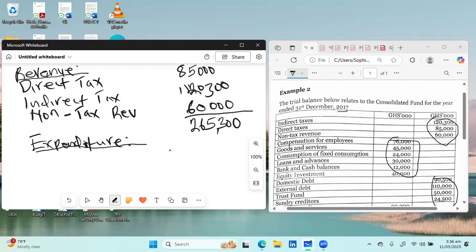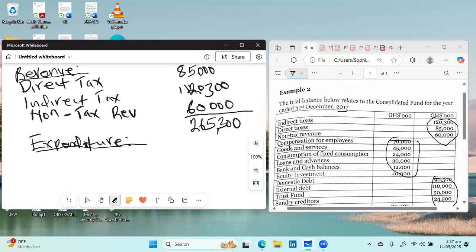You go and look for the items that constitute revenue. Sometimes, if it is for an MMDA, you see things like IGF, or government of Ghana subvention. Okay. So what are the expenditure items here? Who can tell me one? Here it is very straightforward.